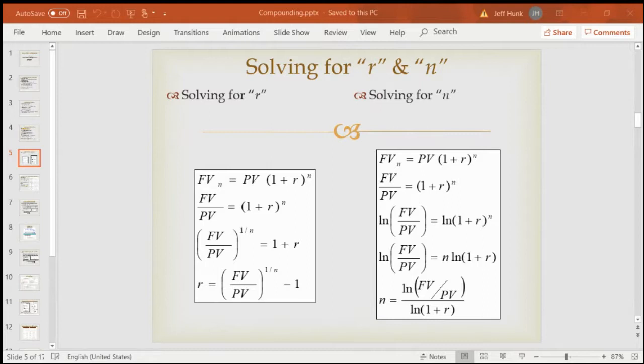So that is a fourth question that can arise from this base formula, or this compounding equation, right?